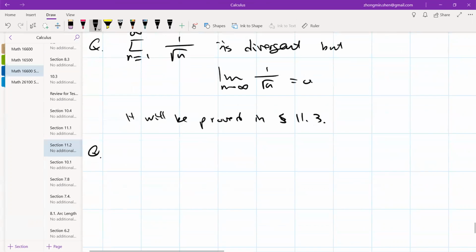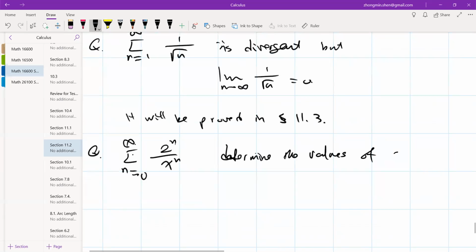Next question. Determine the values of x for which the series is convergent. All right.